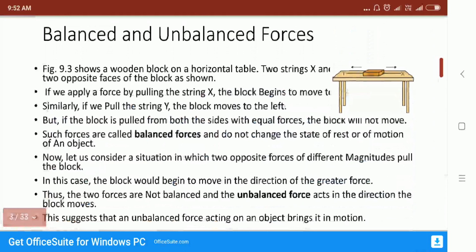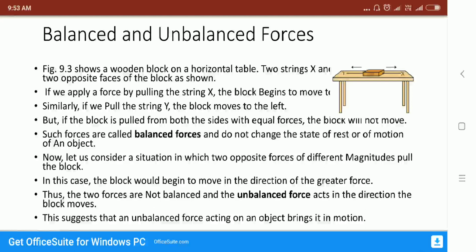Now this applied force can be balanced or unbalanced. Let us go through it with an example. As shown in the diagram, one desk, one table is there, over which we are putting one object. With that object, at both the opposite ends, we are connecting a string.